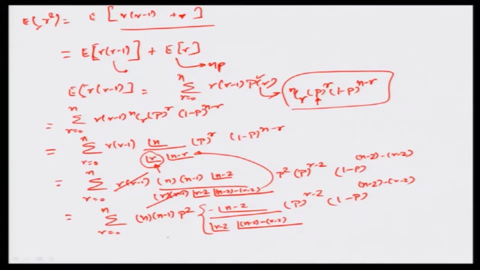So, this comes out to be equal to the sum over r between 0 and n of n minus 1 p square, and we can write this whole expression under this third bracket as the probability distribution whose generic term can be represented as n minus 2 c r minus 2 p to the power of r minus 2 times 1 minus p to the power of n minus 2 minus r minus 2.